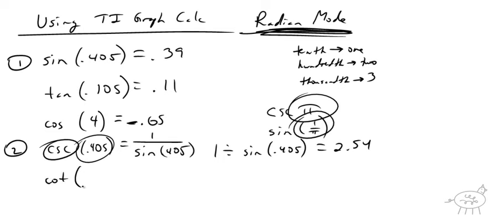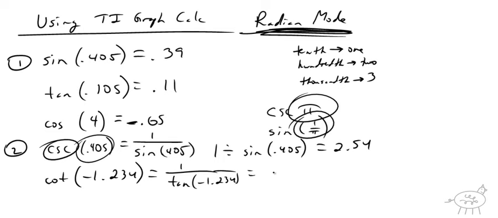Cotangent of negative 1.234. Oh, geez, we've got a negative in there. Oh no, what do we do with the negative? Type it in. Okay, that's not a big deal. Don't have to worry about negatives. Negatives are cool. Just type it in. But of course, you've got to rewrite it first as 1 over tangent of negative 1.234.